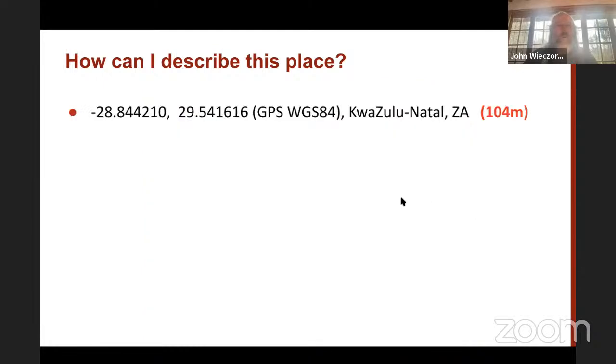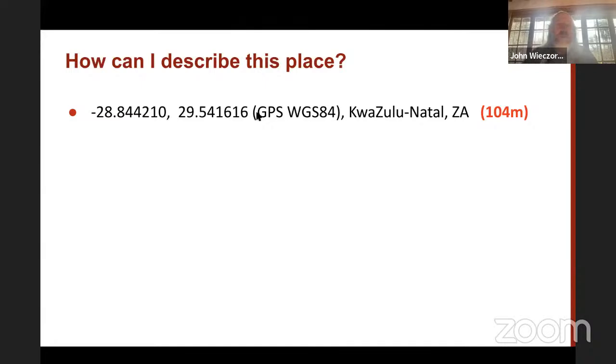So the first one would be with coordinates only. And so what I've proposed here is the coordinates only description of that marker on the map. In this case, the coordinates came from a GPS and the person was conscious enough to give us the datum that the coordinates from the GPS came in, plus the higher level geography information.